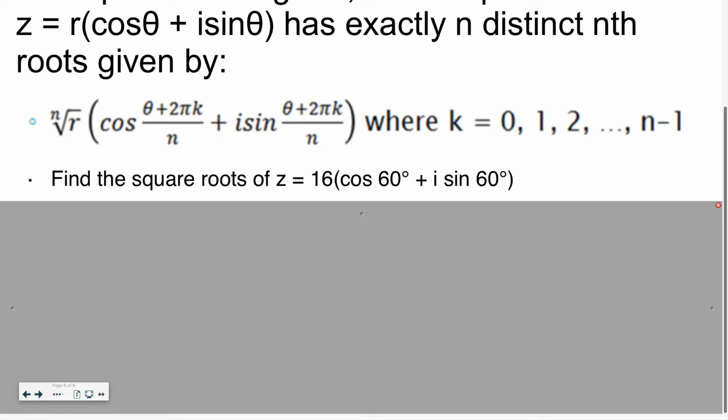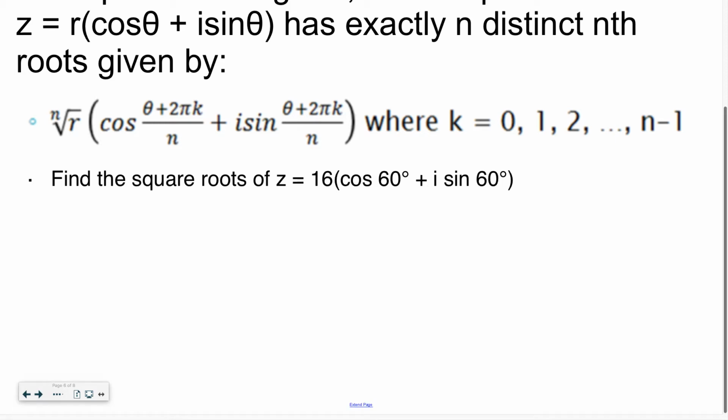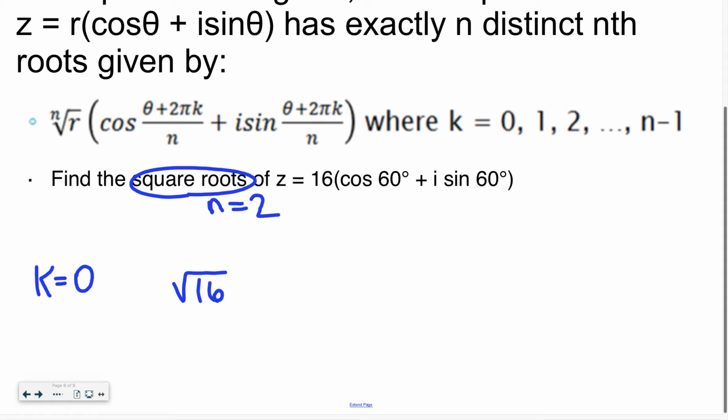Square roots means we're going to have how many answers? 2. There are 2 square roots. Since it's square roots, n is 2. We always start off with k equals 0. If we use this formula, we're talking about the square root of r. r is 16.